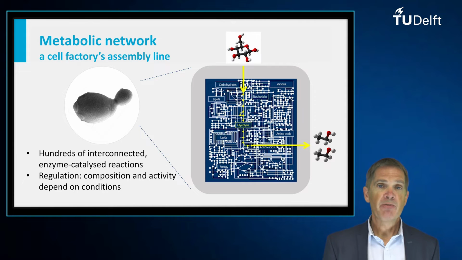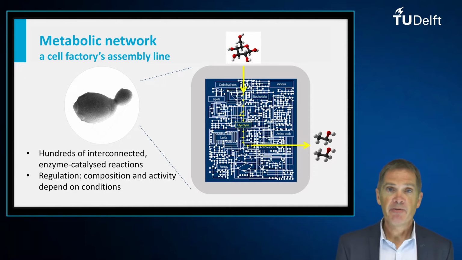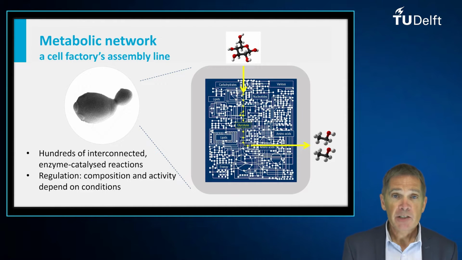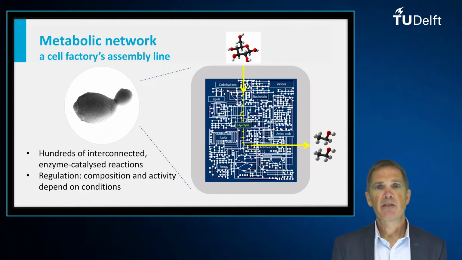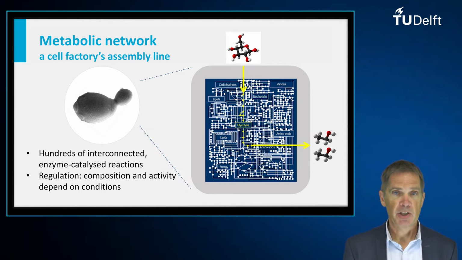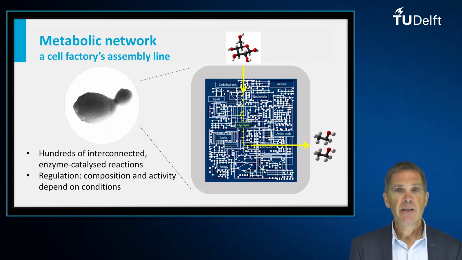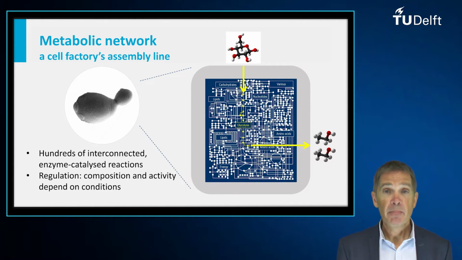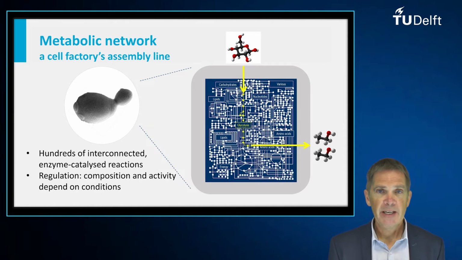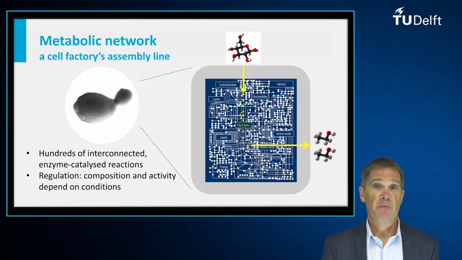Every microbial cell factory, and in fact every living cell, harbors a complex so-called metabolic network. Metabolic networks consist of hundreds of interconnected biochemical reactions that are catalyzed by specific enzymes. Metabolic networks convert simple molecules, such as glucose and ammonium, into all the complex molecules that make up living cells, but they also support formation of industrially relevant products.